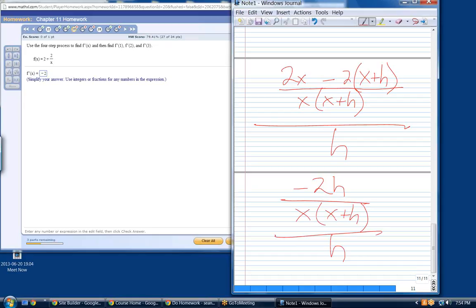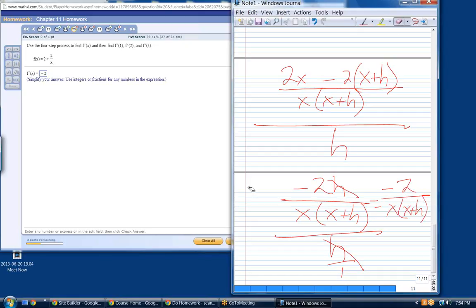When I evaluate this by flipping the denominator and multiply, h's cancel. So I'm left with minus 2 over x times x plus h.